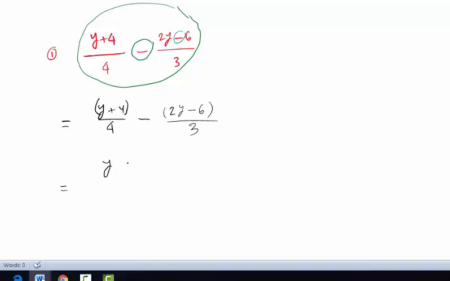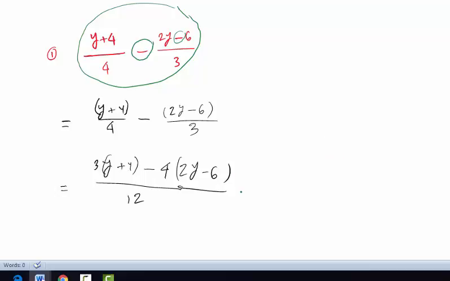Now what is the common denominator? 4 times 3 is equal to 12, right? As you know, 4 goes 3 times in 12, so we have to multiply this term with 3, so y plus 4 in parentheses, and 3 goes 4 times into 12, so we have to multiply 4 by 2y minus 6.